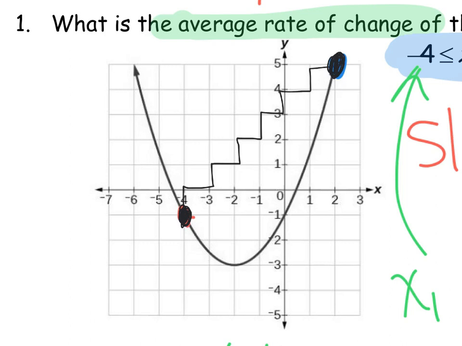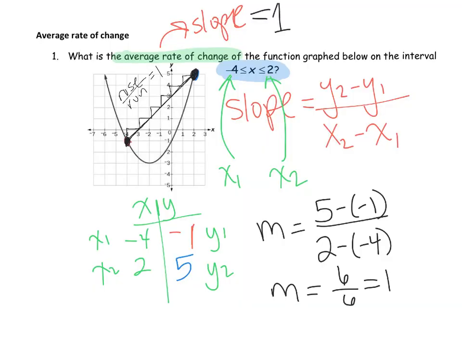If I were using a ruler, pretend that's a straight line. What's the slope as I go from -4, -1 to 2, 5? The slope, guys, if I look at rise over run, it's equal to 1. So guys, that's it. Here's your algebraic way of doing it as provided here. And then graphically, this is the work right here. Rise over run, that's it.